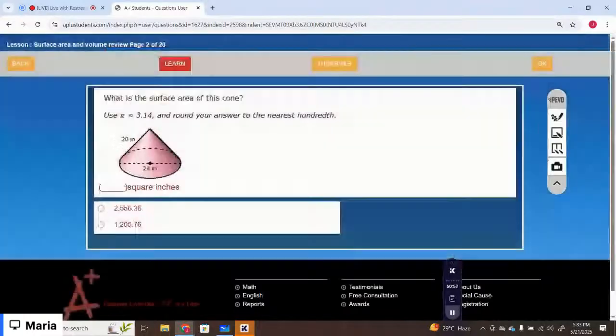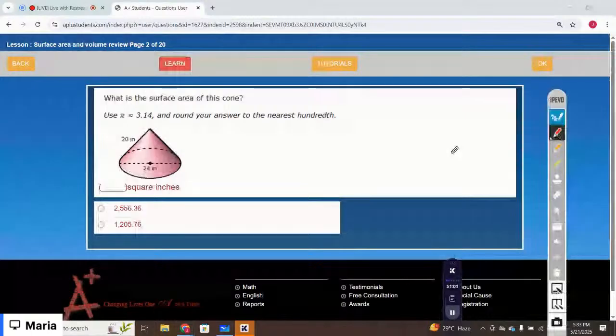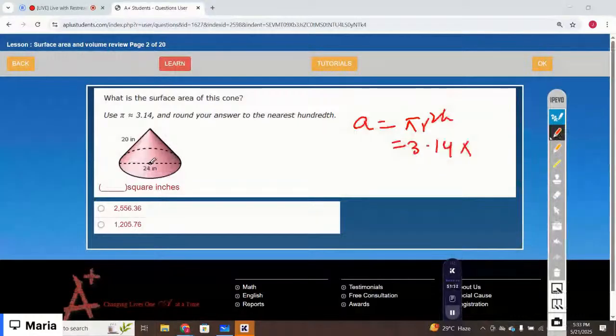Okay, let's just calculate the area of the base, that is A equals pi r square. So pi is 3.14, the radius is 12 because that is the diameter, and the height is 20. 12 square.